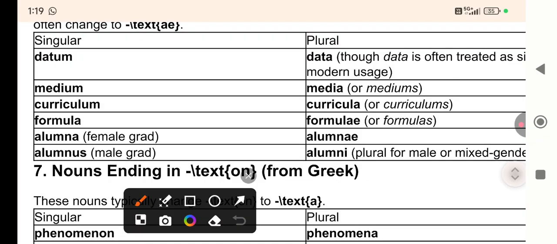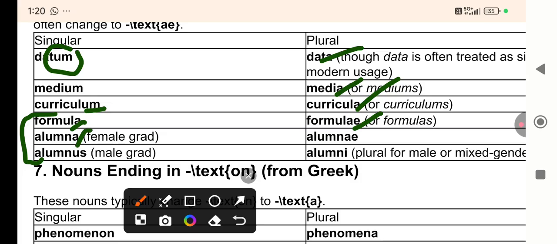Datum, data, means um becomes a. Then medium, media. Curriculum, curricula. Now these three, formula, formulae, alumna, alumnae, alumnus, alumni, right?